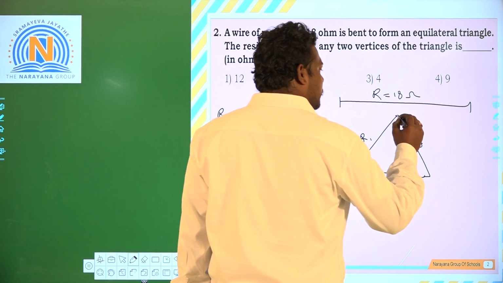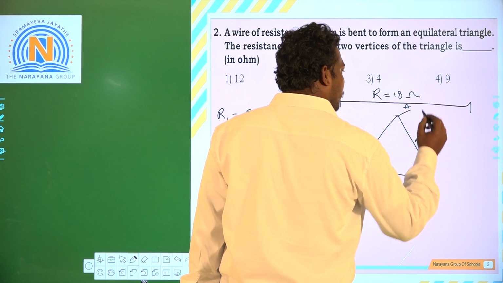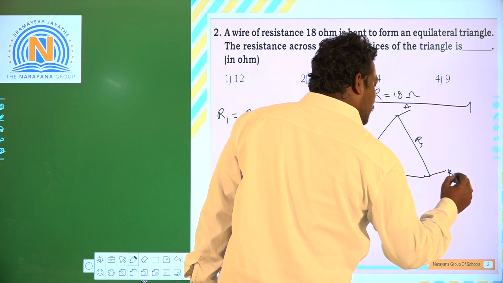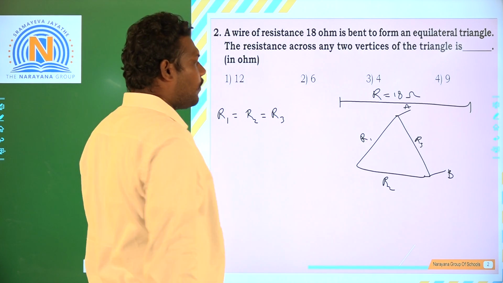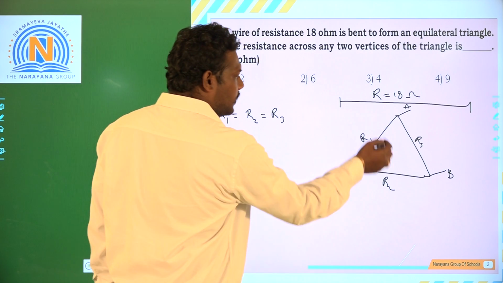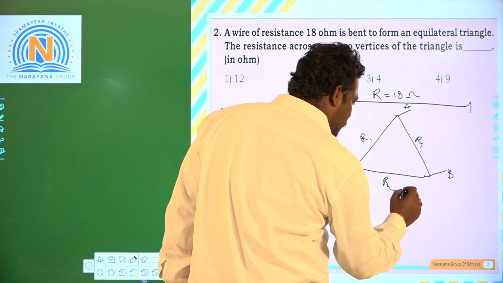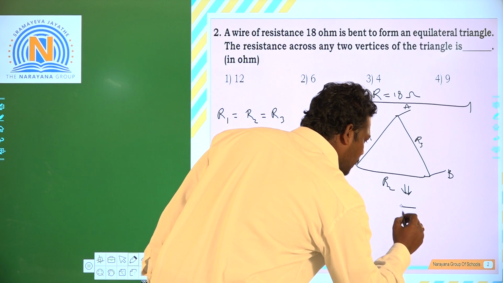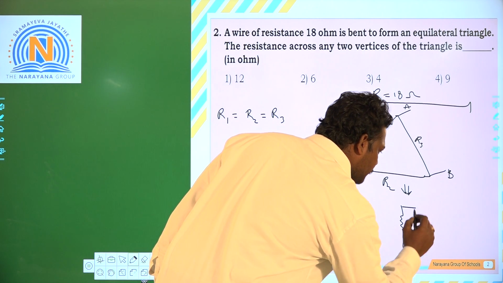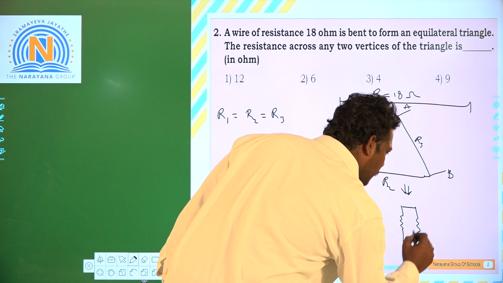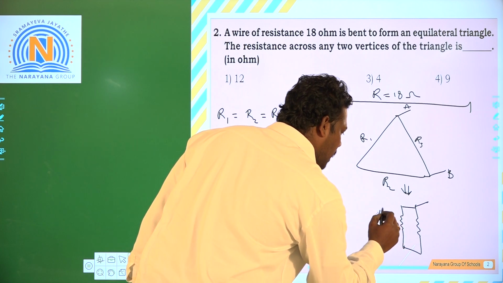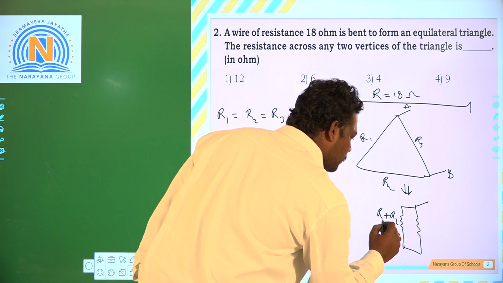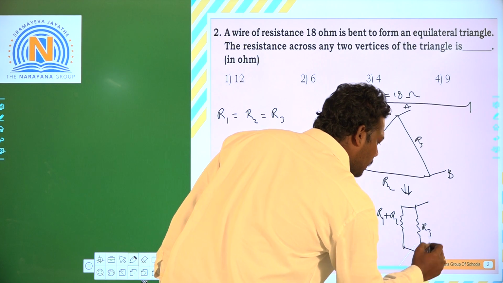Let us say this is terminal A and this is terminal B. So these 2 vertices we need to find. Now the circuit will be redesigned as R1 plus R2 and this will be R3.